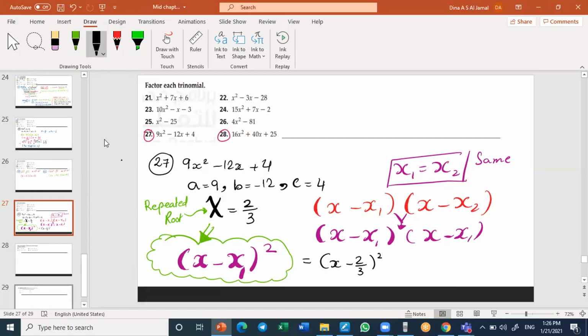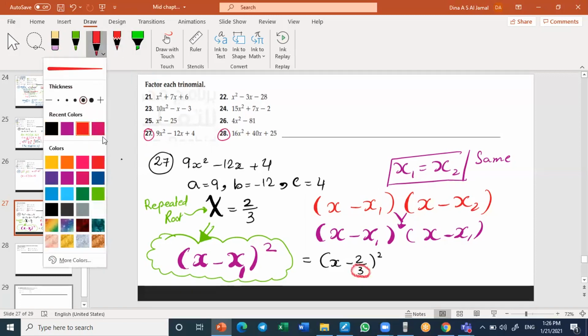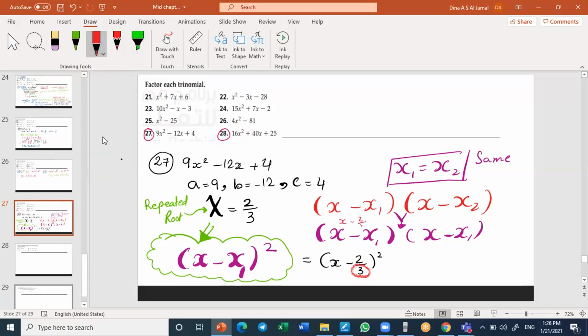Now again, I don't want to have the 3 down there. From the previous step, where I had x minus 2 over 3, I will multiply it by 3 as I have explained before.